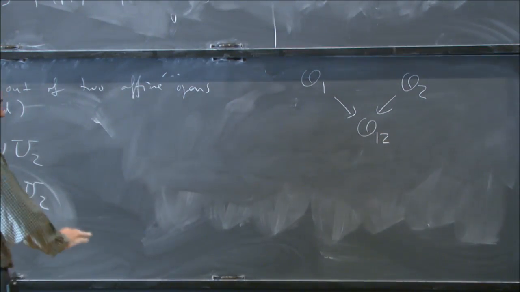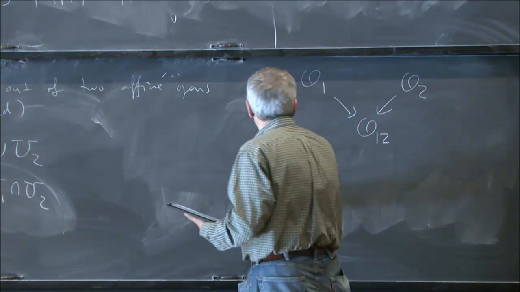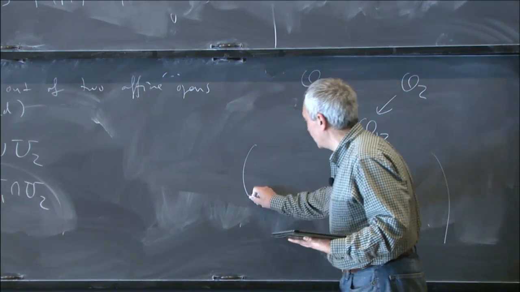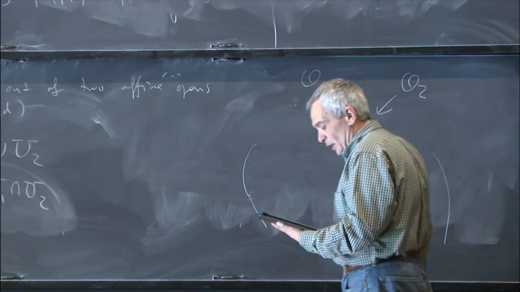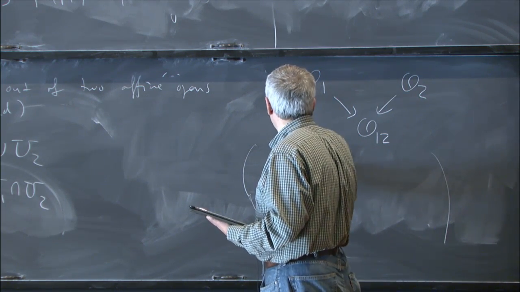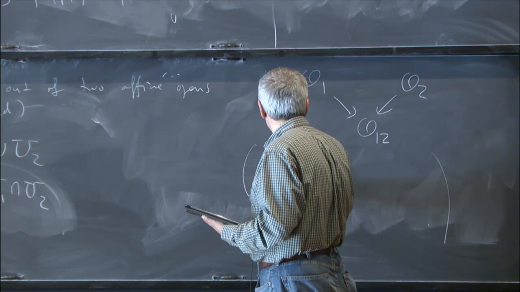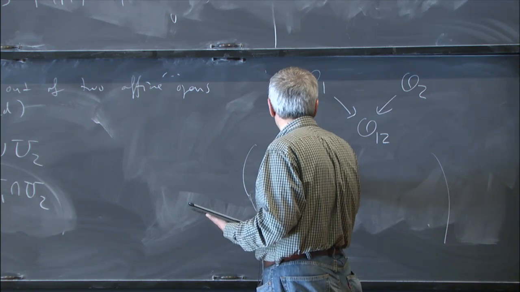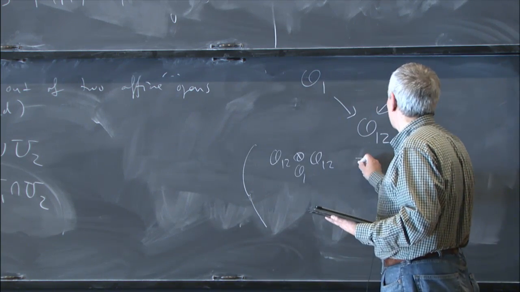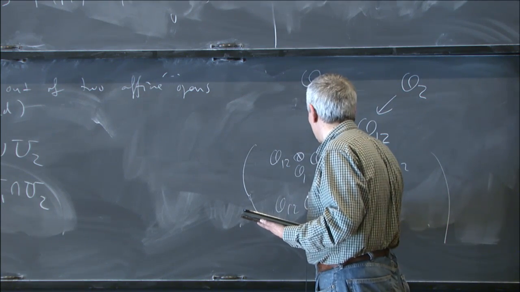It's really important here that these are Zariski opens, because it's really about Zariski descent. It's the property that O12, when you tensor it over O1, you get O12, and the same with tensoring over O2.